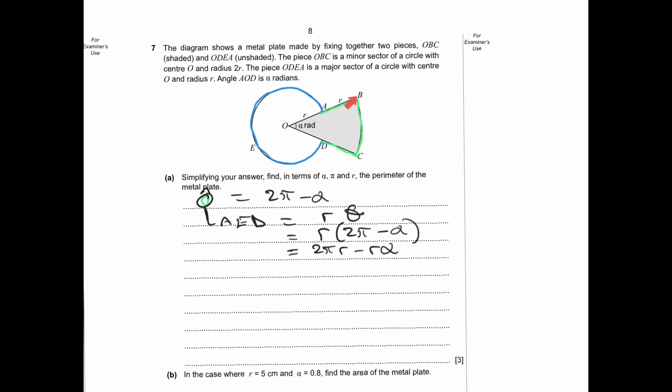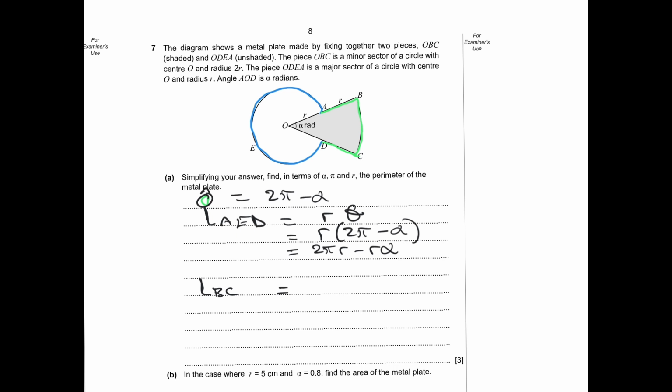Now looking at the part which is in green, obviously this AB is r, and DC is also r. So all we need to do for now is to find the length of the arc, which is this one here. Again I will call it LBC.